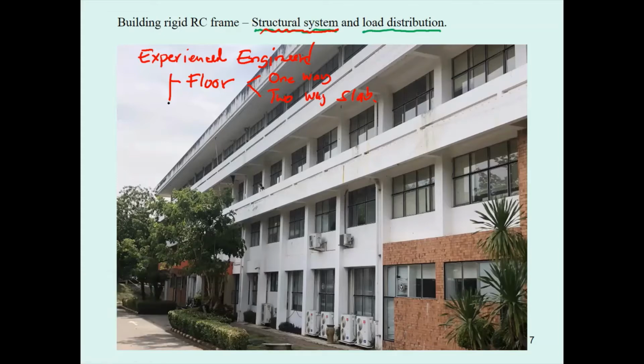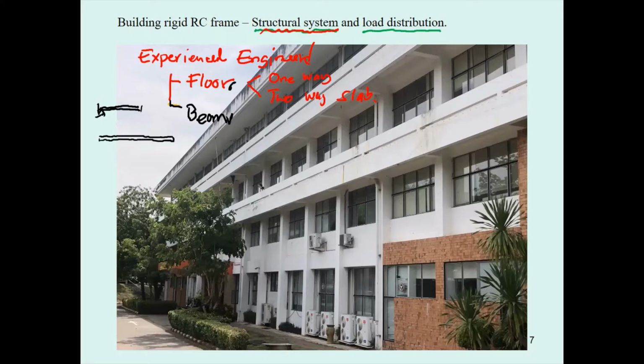After they finish designing the floor, they work again to transfer the load from the floor to the beams. The beams may be considered only as a single span beam. The beam also can be like a continuous beam.